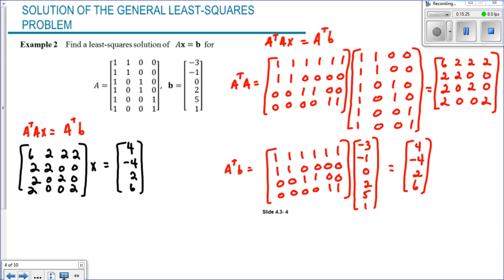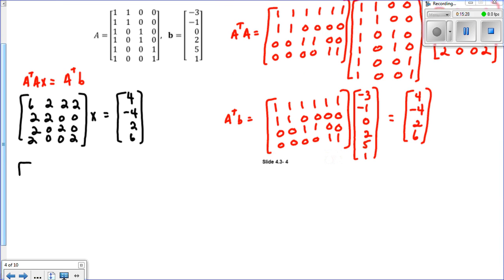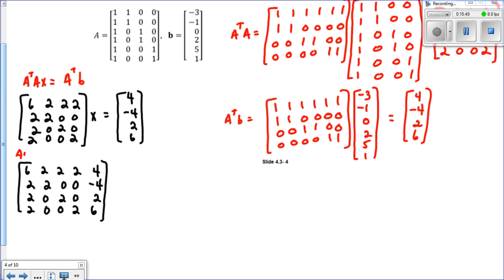Okay, so the augmented matrix, okay, we'll reduce it. Okay, so just RREF with your calculator.